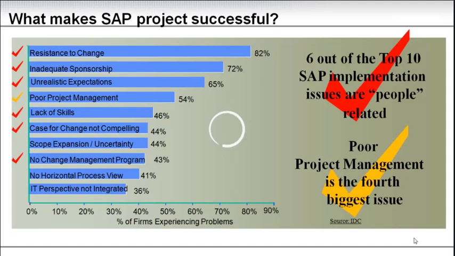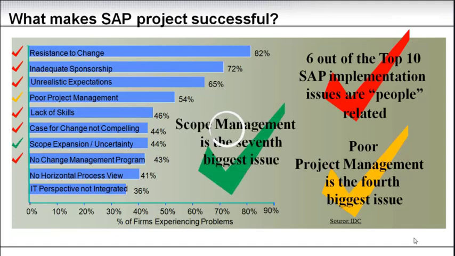Project management, as already mentioned, is at 54%, which is quite high. And here we are down to the hardcore project management processes. If you don't have those in control, you will not be able to control your project itself. Scope management is the 7th biggest issue. Again, it's all linked to expectations, requirements, the process for controlling the requirements, and the whole process around it.